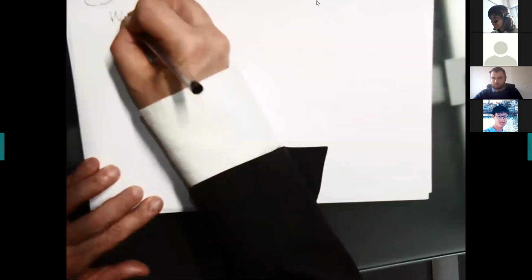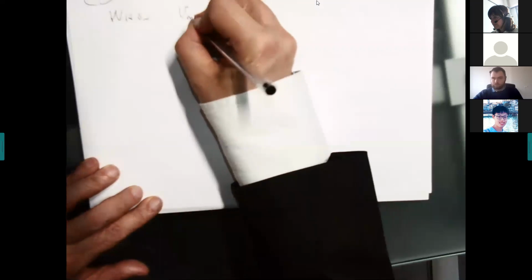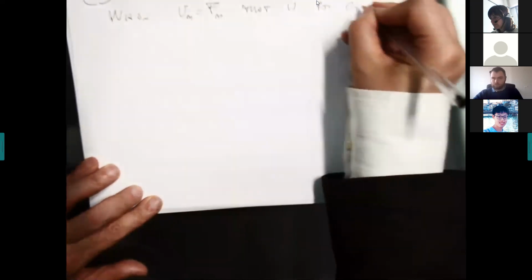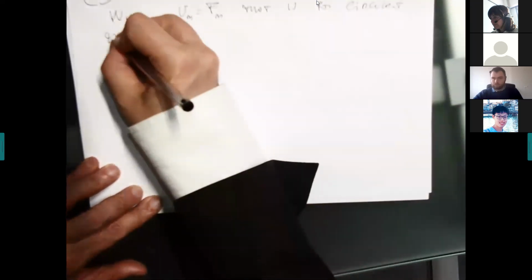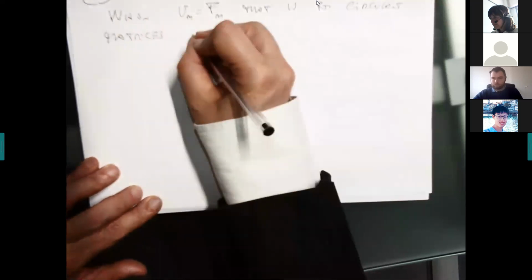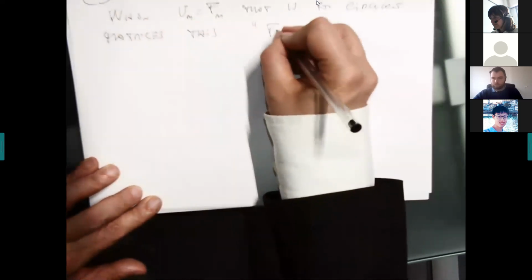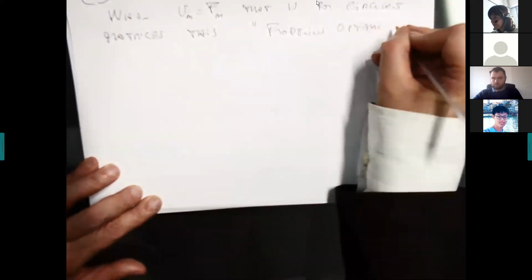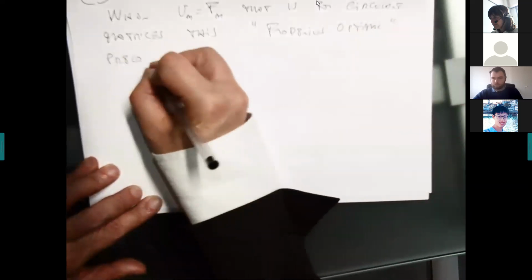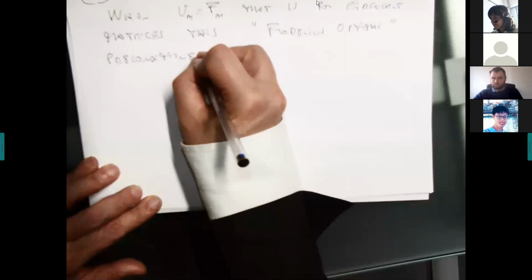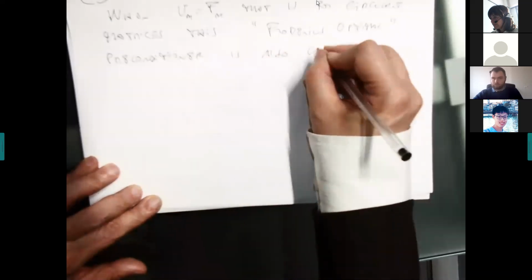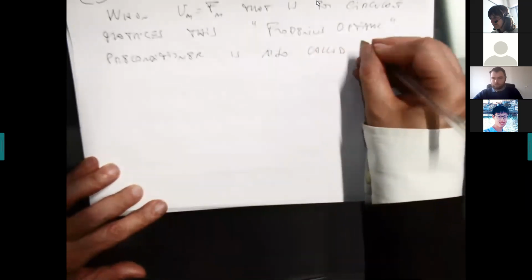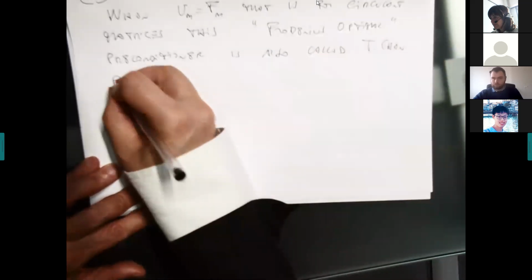When U_n is equal to F_n, that is, for circulant matrices, this Frobenius optimal preconditioner is also called, so you find in the literature, the Tony Chan preconditioner.